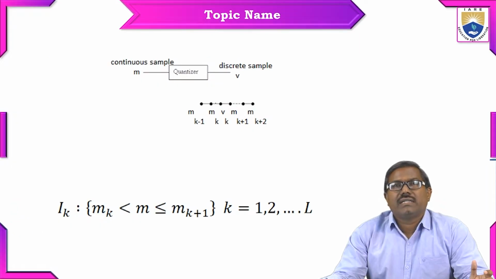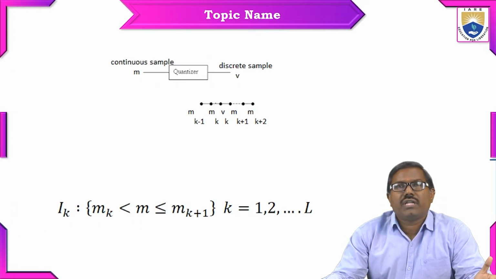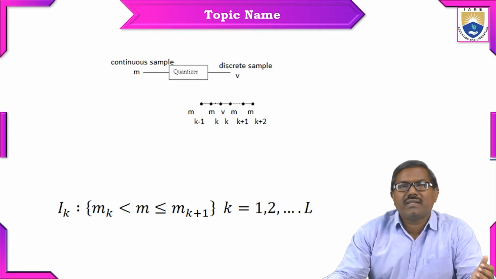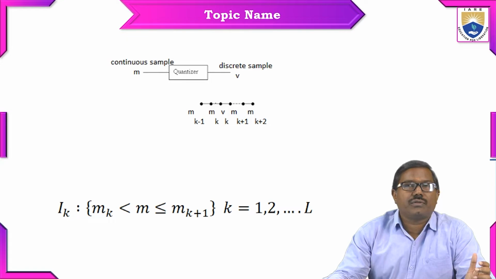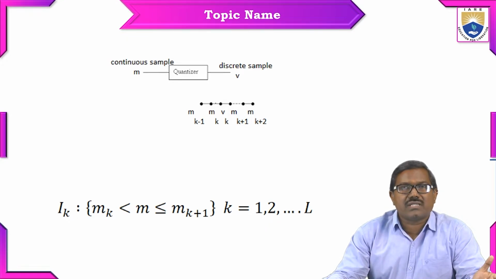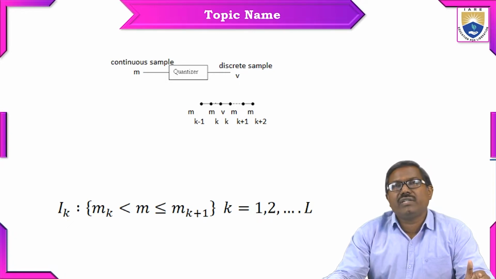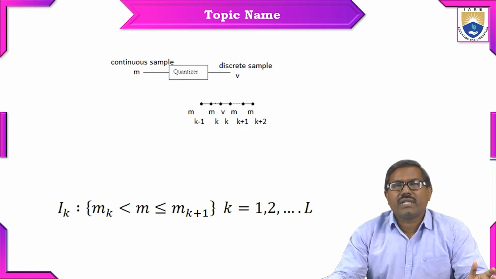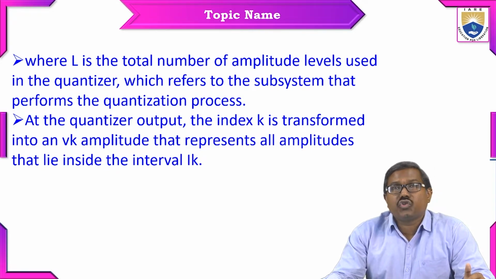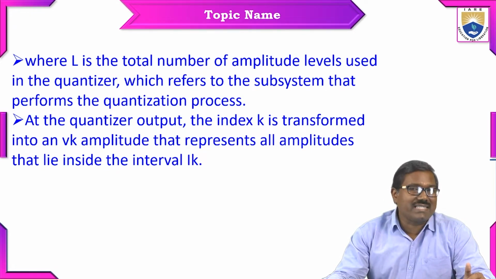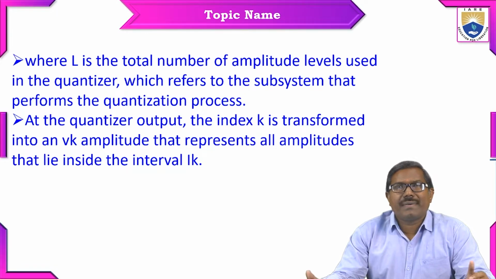So I am converting continuous samples into discrete samples. Why do I say sample? Because the quantizer is preceded by a sampler. The amplitude is continuous, so my aim is to convert this continuous amplitude into discrete amplitude. Here L is the total number of amplitude levels used in the quantizer, also called representation levels or quantization levels.